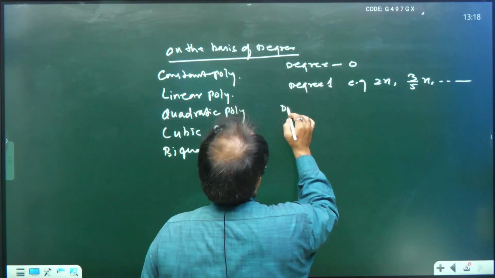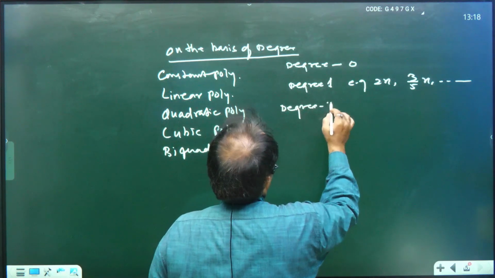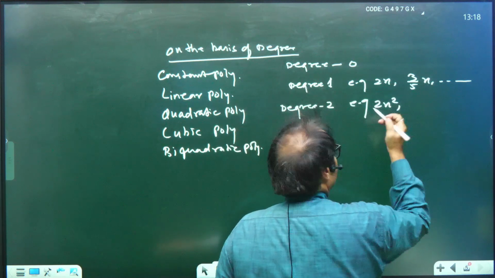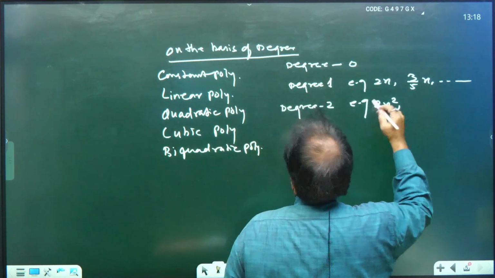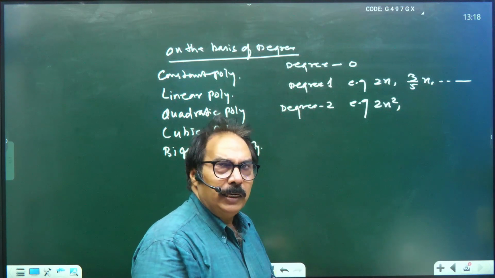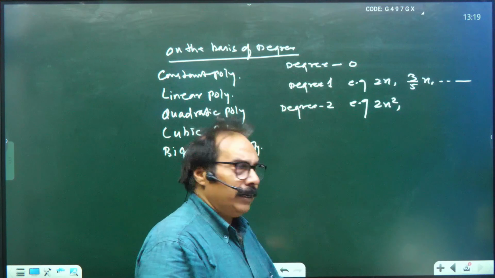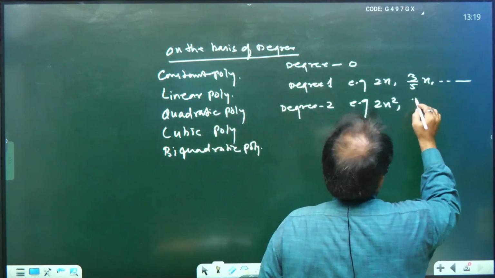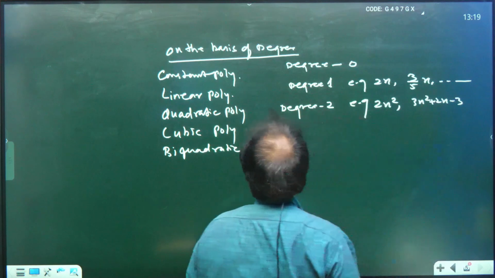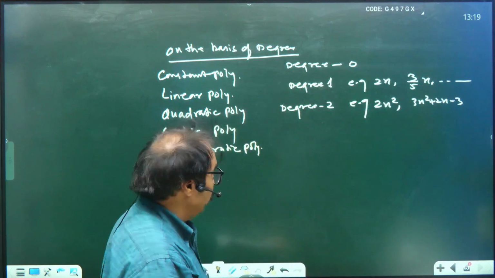Quadratic polynomial means a polynomial of degree 2. For example, 2x square, the power is 2, the degree is 2. This is a quadratic polynomial. It may be a monomial, a binomial, or a trinomial. For example, 3x square plus 2x minus 3 is again an example of a quadratic polynomial.